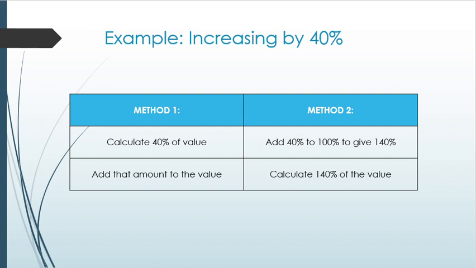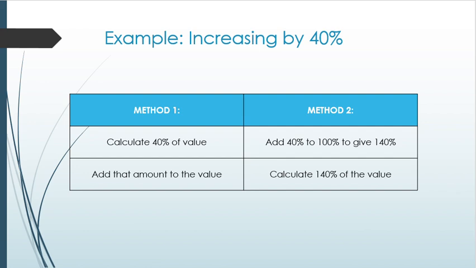So increasing by 40%, there's 2 methods that I will teach you. The first method breaks it down into 2 different steps, and then the second method combines things a bit together. It just gets you to your goal. Method 1: calculate 40% of a value. So you calculate the percentage of the value, and then you add what you found in step 1 to the original amount, and that would be your final answer.